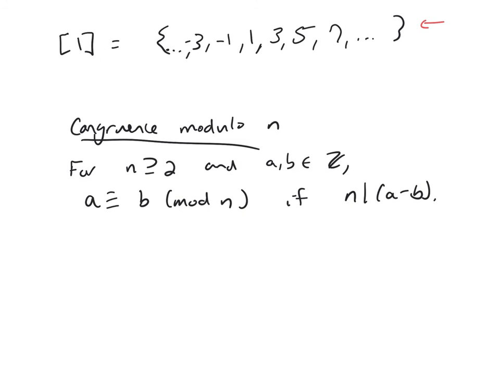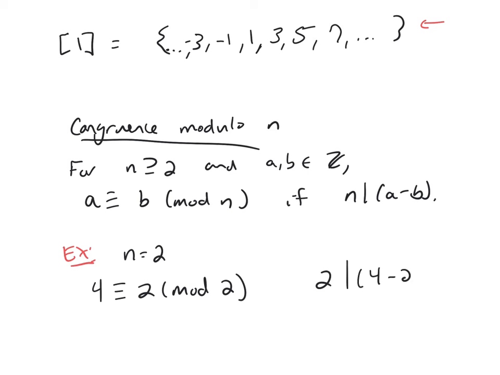For example, let's say n is 2. Then 4 is congruent to 2 mod 2 because 2 divides 4 minus 2, because 2 divides 2.